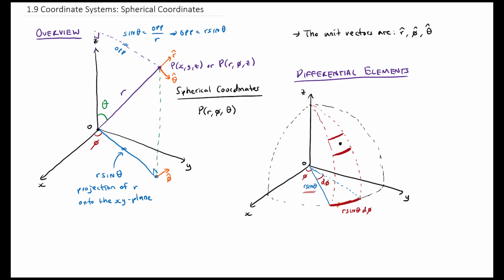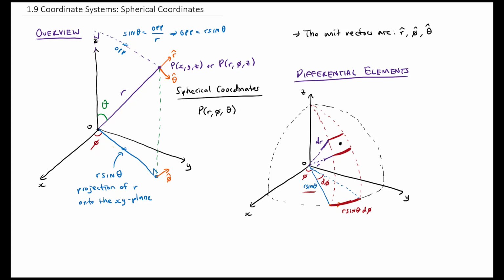We also know that there can be a change in the distance r. There's a change in r like this. So this would be considered dr, with this being the original length r up to here.